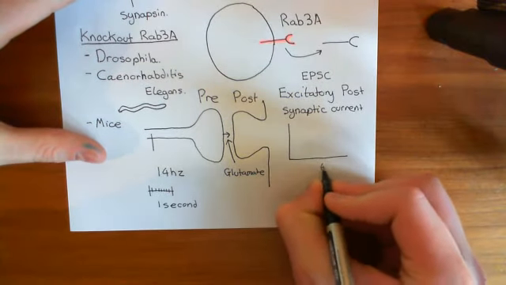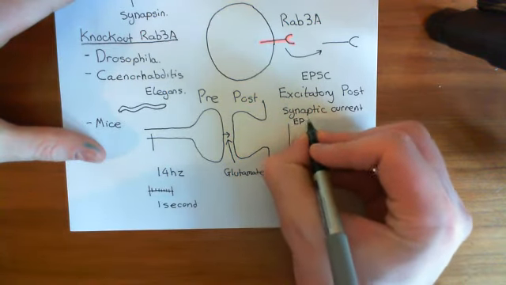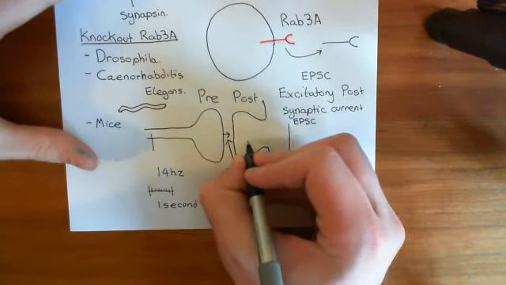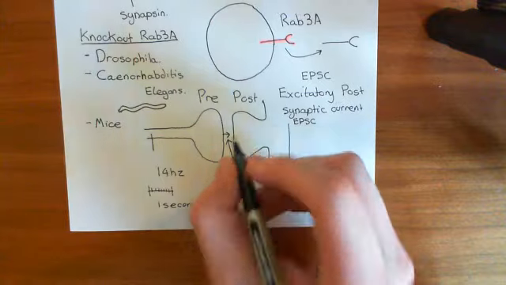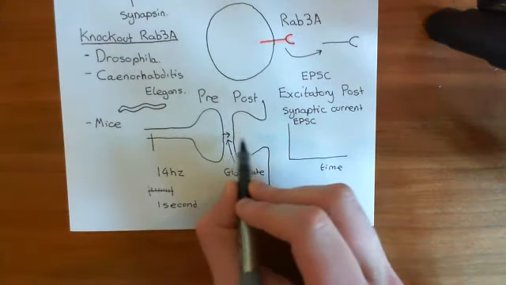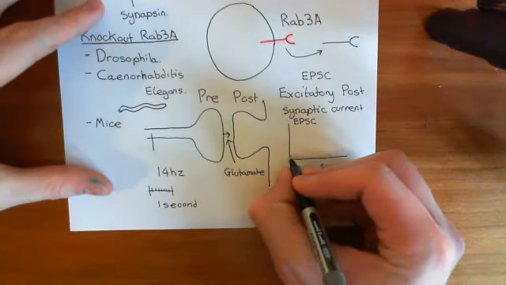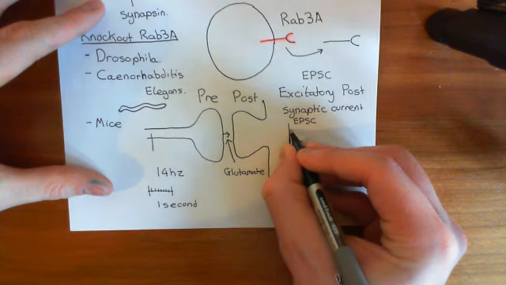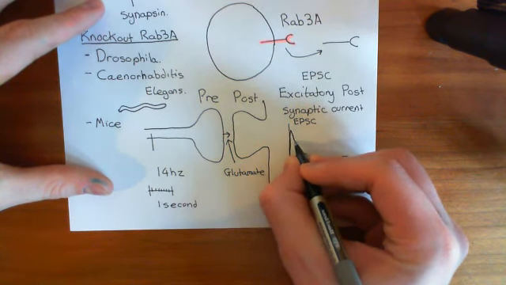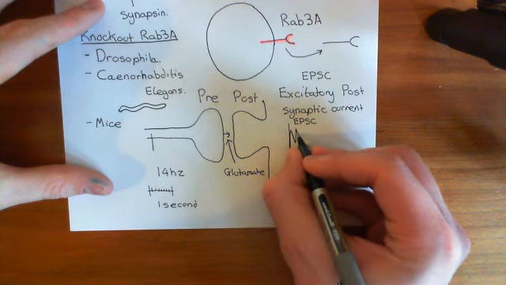You will measure that movement of positive charge into the cell, and basically you'll plot this against time. Then we plot the excitatory postsynaptic current, which is how much positive charge, remember each sodium ion carries one positive charge, is coming through the membrane. It will go up when you first stimulate it, and then fall back down as the neurotransmitter goes down, and then go up again, and again.